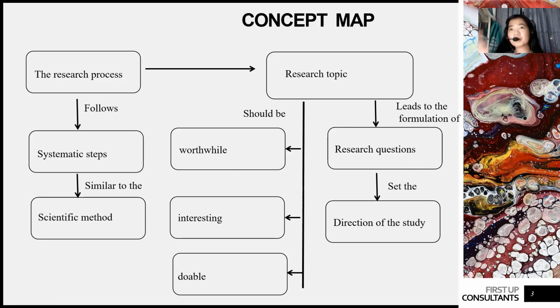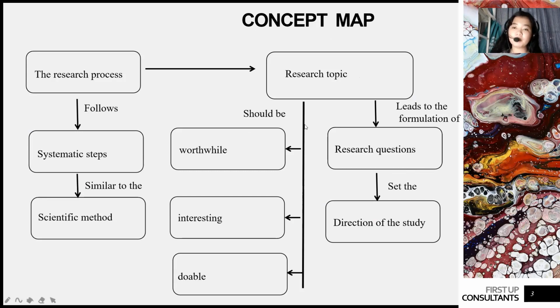All parts of the research paper make up an entire research paper, so one cannot exist without the other. But the major ones that set the direction of the study are both of these: the topic or the title, and the statement of the problem or your research questions.